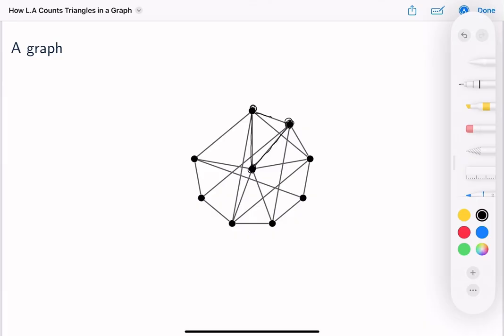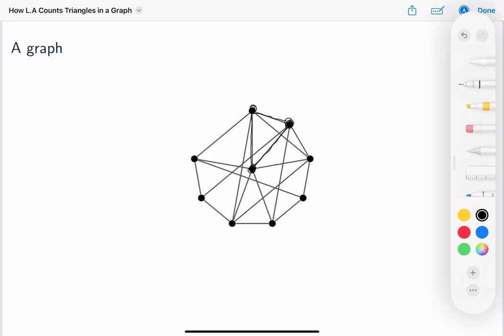Of course, for small graphs, you can probably just look at the picture, find one, and count the triangles inside this graph. However, if the graph has thousands of vertices, we need an algorithm, and we need one that runs not naively.